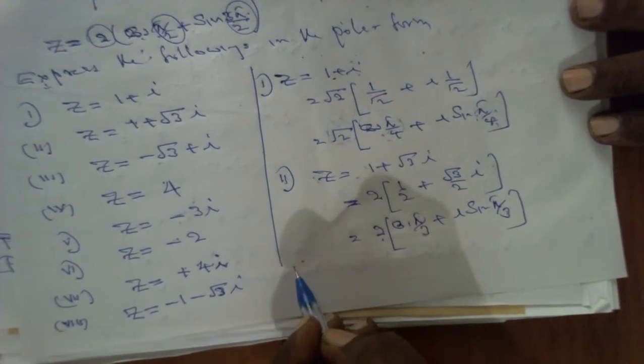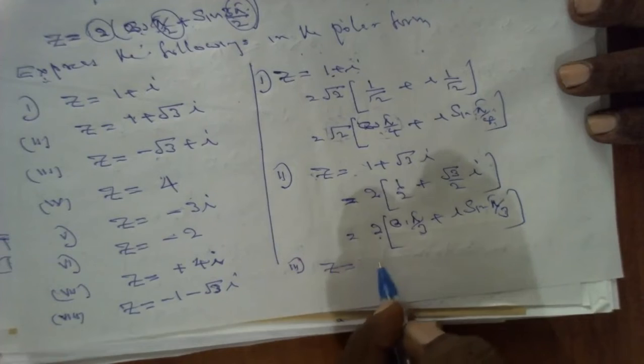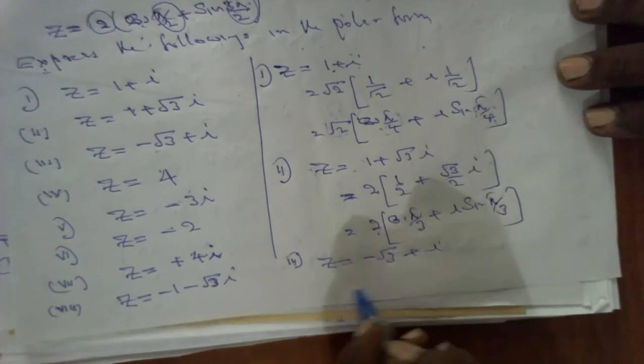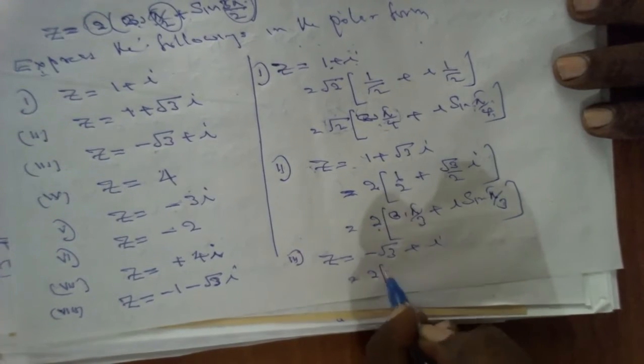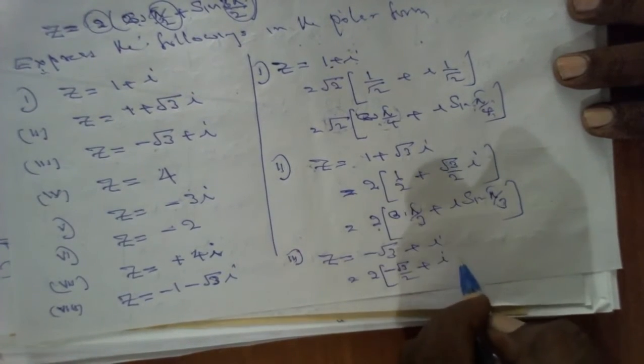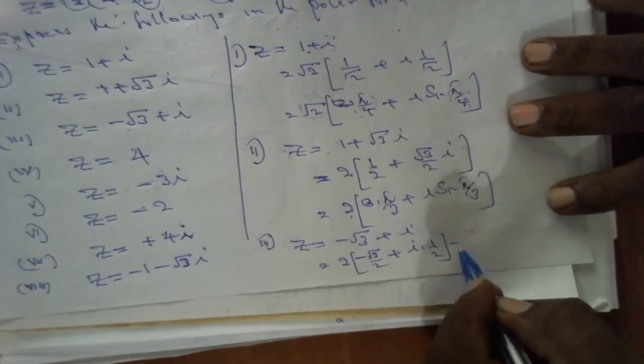If you take the third one, C equals minus root 3 plus i. You can take 2 out: minus root 3 by 2 plus i into half. So this equals 2 times.